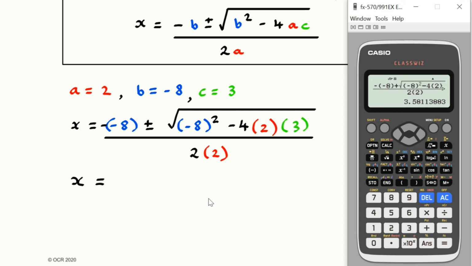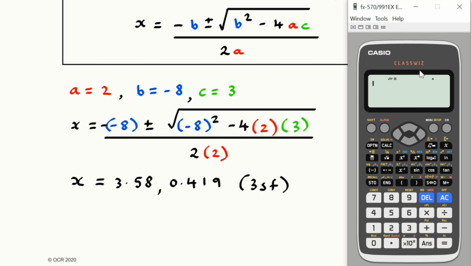So I get one solution, 3.58, and another solution, 0.419. These are given to 3 significant figures.